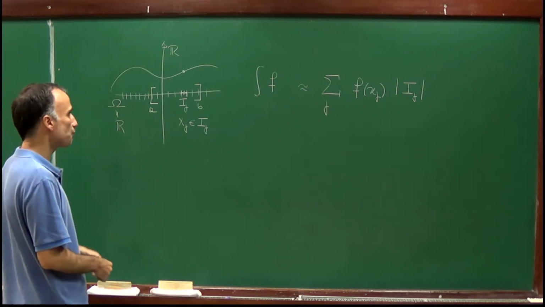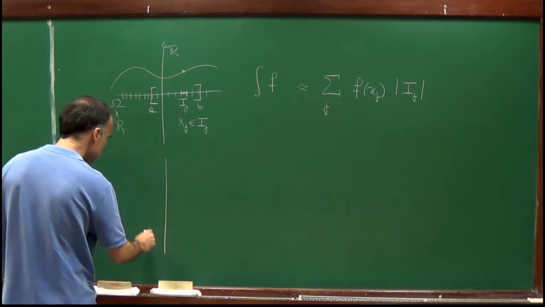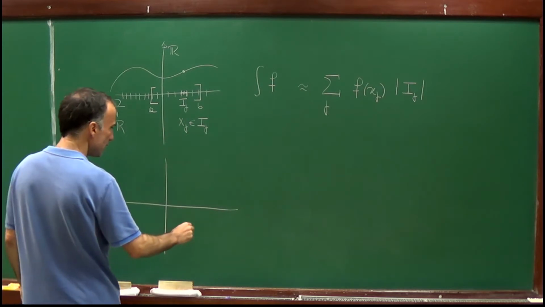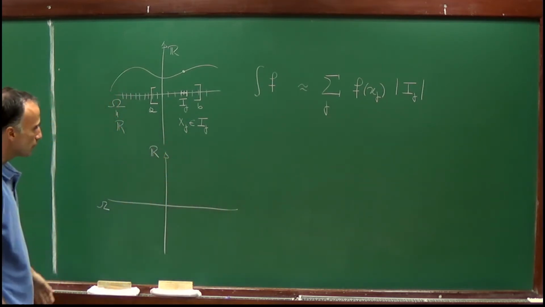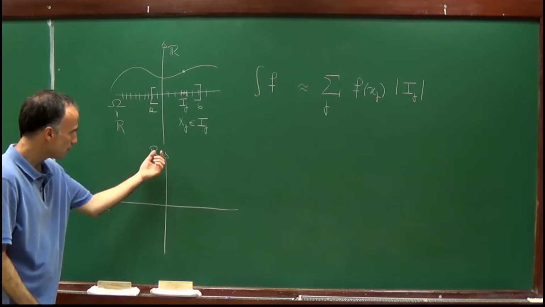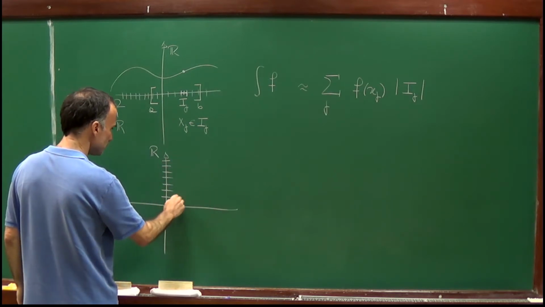So now we will adopt a completely different point of view. Here again it's the set omega, here is the set R. So instead of dividing omega in small intervals, we will divide the y-axis in small intervals.